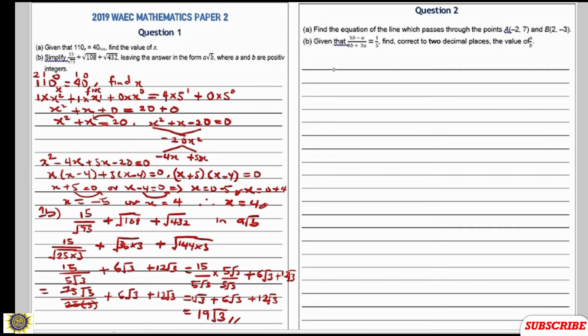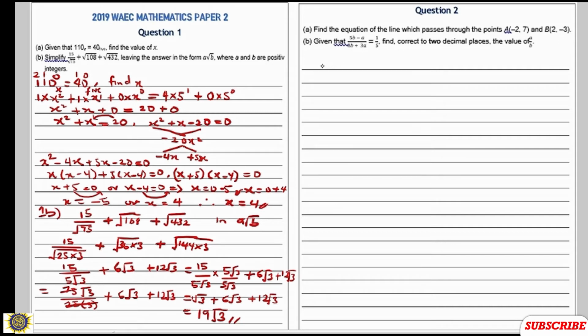Now let's go to question number 2. Find the equation of the line which passes through the points A(-2, 7) and B(2, -3). So now we have to find the equation of the line which passes through points A and B, having these coordinates: -2, 7 and 2, -3.